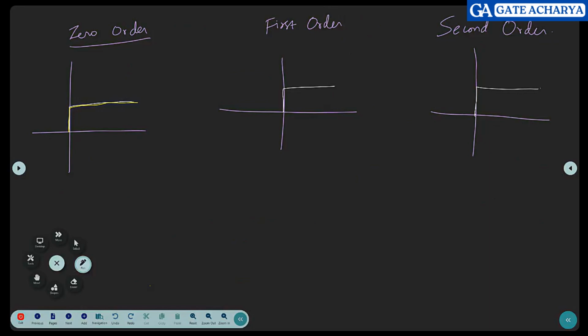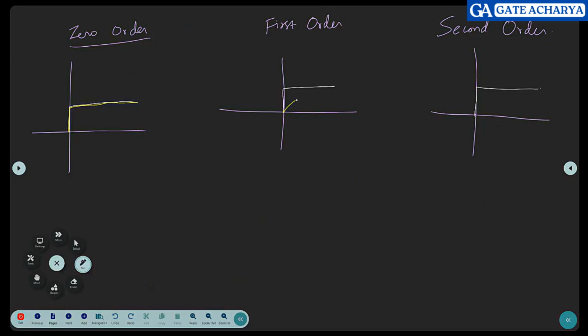And how about first order system? I'm not teaching control system. I'm just giving you a picture of what is the meaning of zero order, first order, second order. For a first order system, how will the output be? Correct.